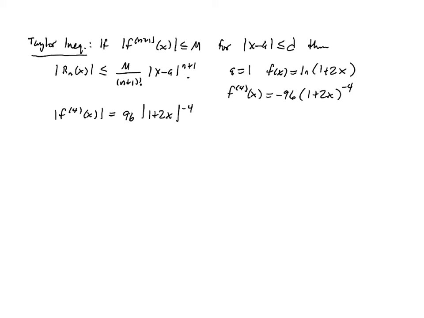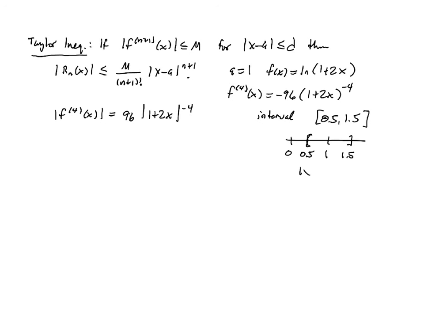Now, remember that we are looking at the interval from 0.5 to 1.5, and that means that when we look at the number line, here's 0, here's 1, where the center of my Taylor series is, I have 0.5 here and 1.5 here.